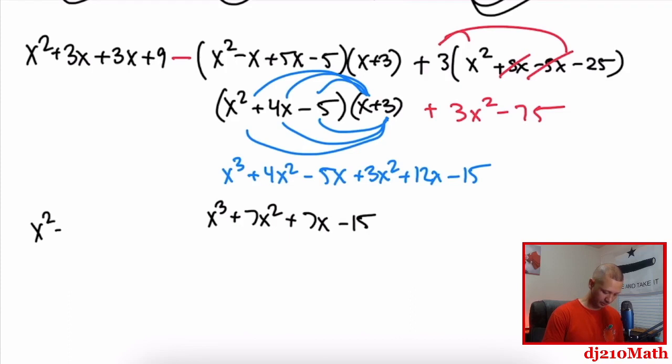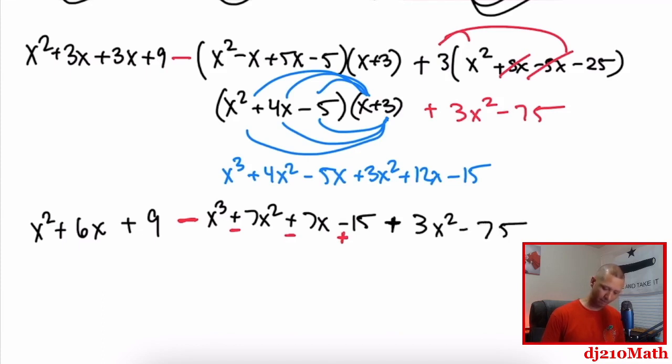So x squared plus 3x plus 3x is going to be 6x plus 9, minus, so now when I put the minus, that's going to have to distribute, and it's going to change all these signs. Plus 3x squared minus 75.